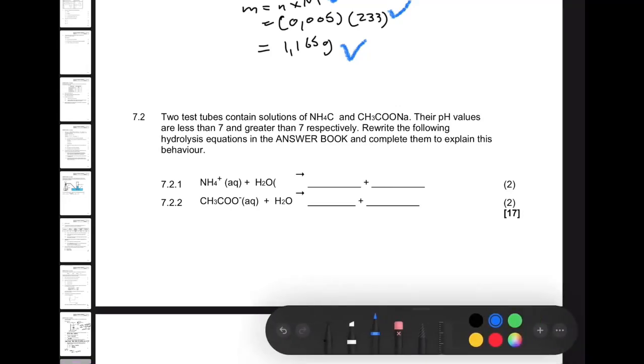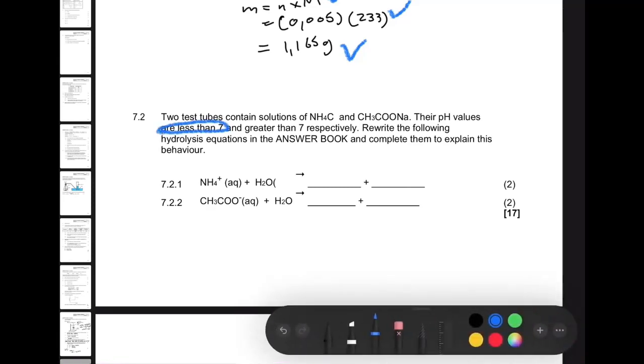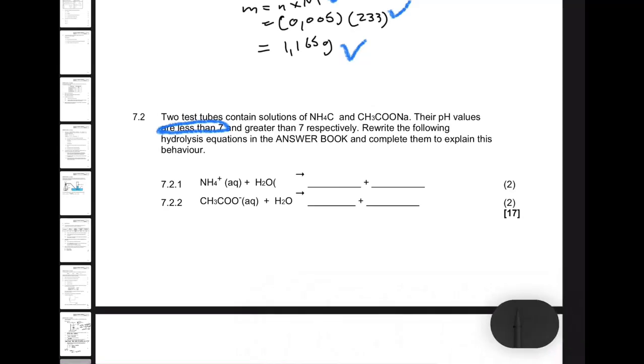So for NH4+, we are told that the pH is less than 7, right? So if it is less than 7, it is acidic, and if it's acidic, then it's a proton donor, right? So that NH4+ is supposed to lose a proton, it's supposed to lose one hydrogen, right? So here we're going to have NH3, right, instead of NH4, because now we have lost a hydrogen, plus H3O+, right? And that's basically what you're being asked to do.